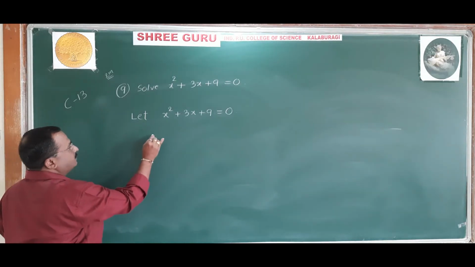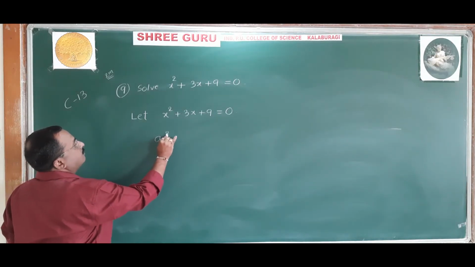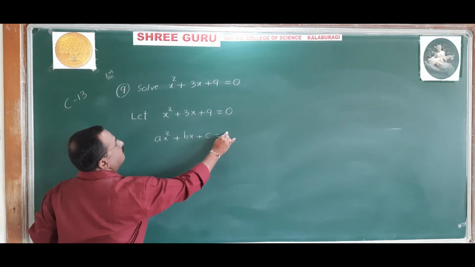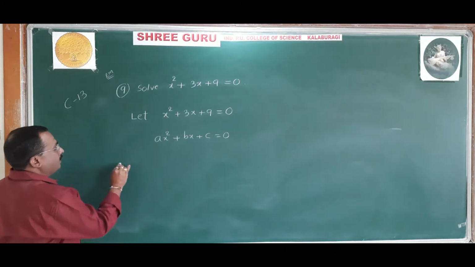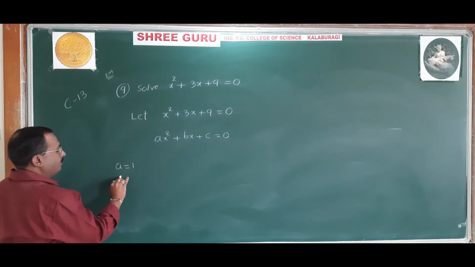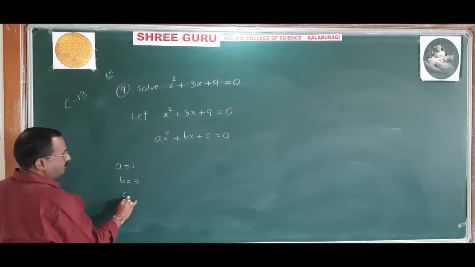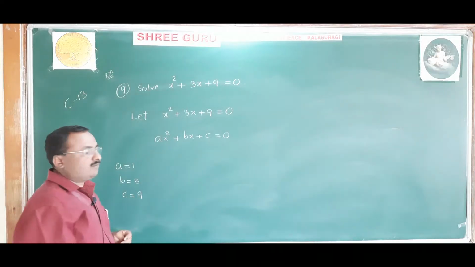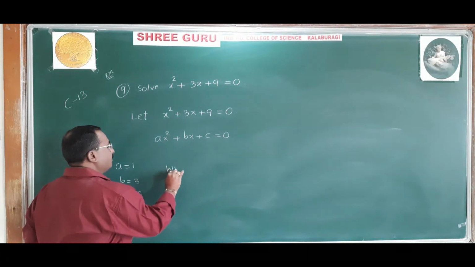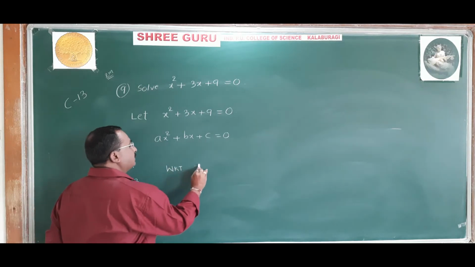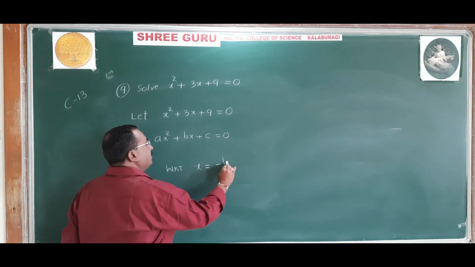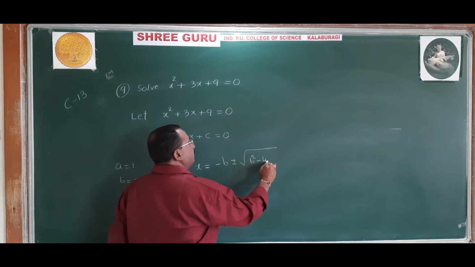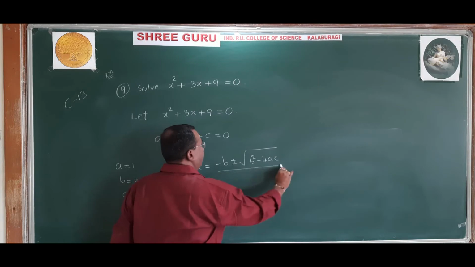Its standard form is ax square plus bx plus c is equal to 0, where a is 1, b is 3, c is 9. In non-factorizable form, we know the formula x is equal to minus b plus or minus square root of b square minus 4ac divided by 2a.